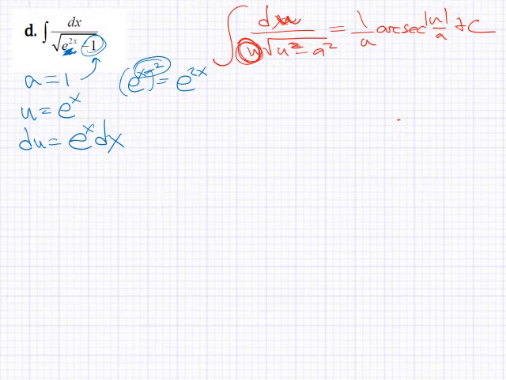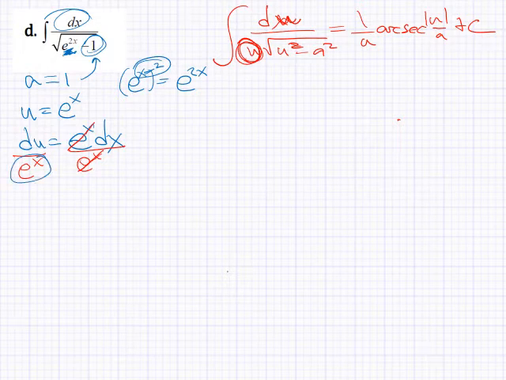Right. So we have a couple of problems here. We don't have an extra e to the x sitting here with this dx. And what I'm going to do is something we normally don't do. We normally don't take a function of x from this side and divide it over to the u side of the equation. If it's a constant, yes, we've done that a bunch of times, but usually not a function of x. But I'm going to do it here. The reason why I'm going to do it here is because it's not really a function of x in the long term. Yes, it is right now.